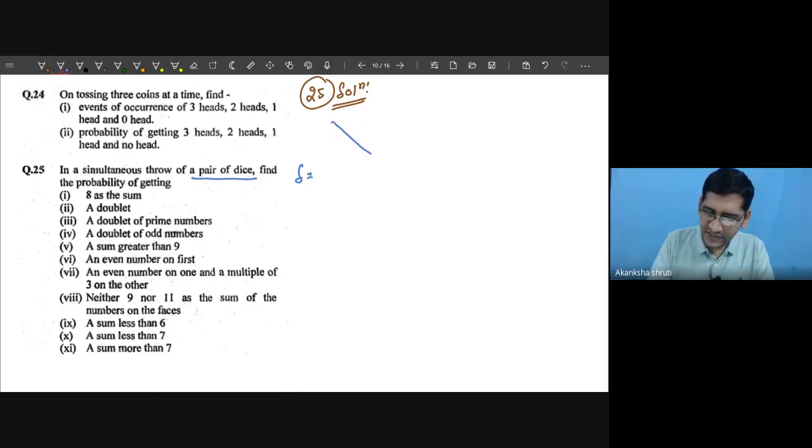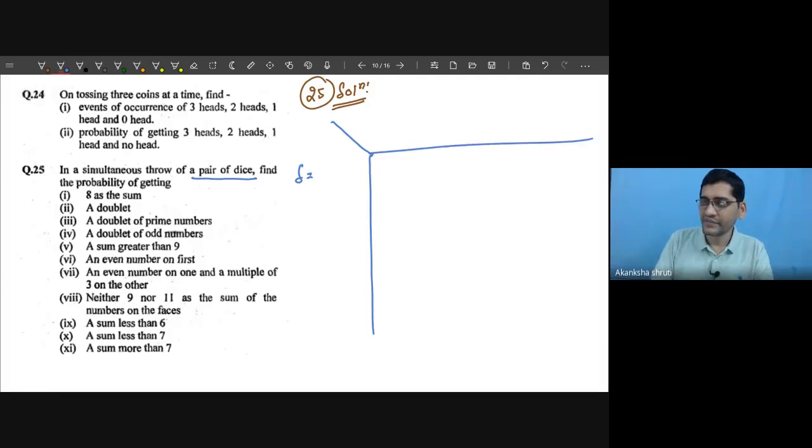For that, you just draw a figure like this to understand. This is the sample space that we are going to find. Die 1 has to be placed this way, and die 2 this way.